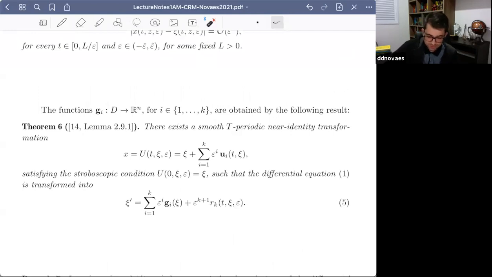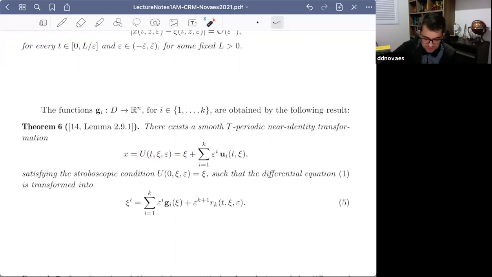There exists a smooth T-periodic near-identity transformation given by x = u(t, z, ε). This transformation is a near-identity transformation, which means that it is the identity z plus ε times something.